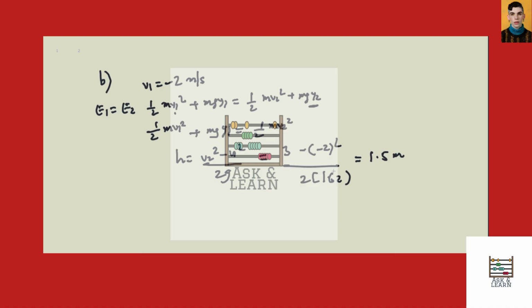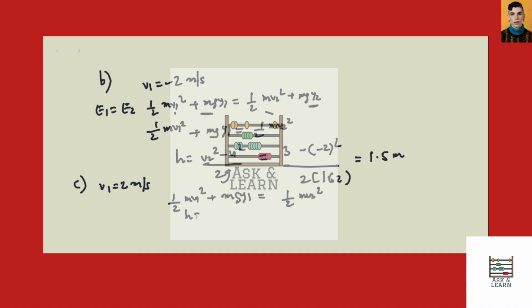So that is the answer to the B part. And for the C part, we have the same conditions, except now V1 is 2 meters per second. So we'll use the same equations. In this case, we'll have half m V1 squared plus mg Y1 equals half m V2 squared.